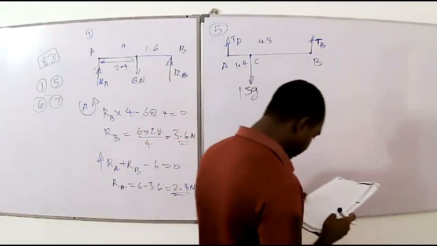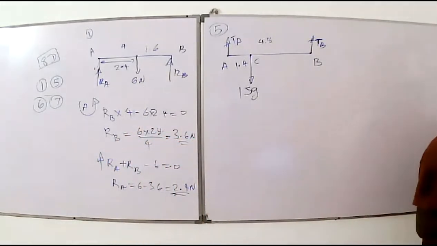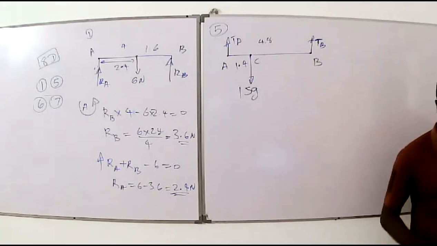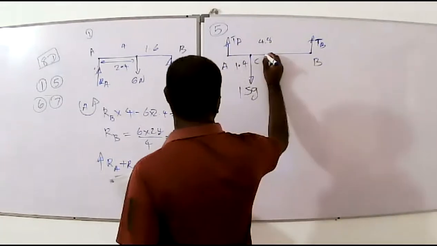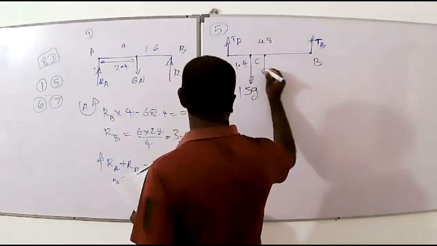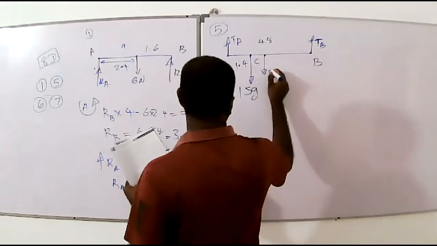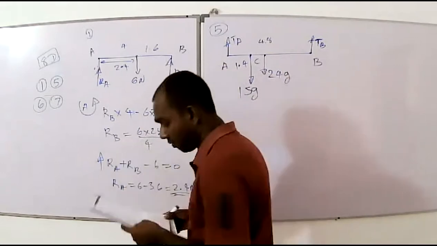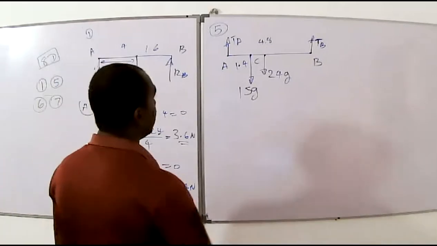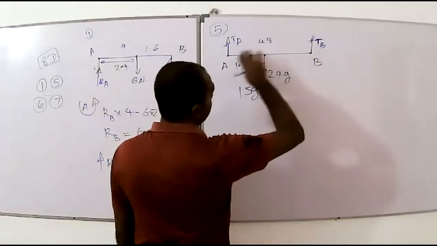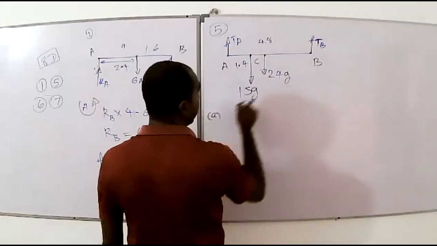They say the plank is modeled as a uniform rod. So now you can assume the weight is acting in the center, 24 kilograms, so 24 times G. What else? Find the tension of the rope attached at B.